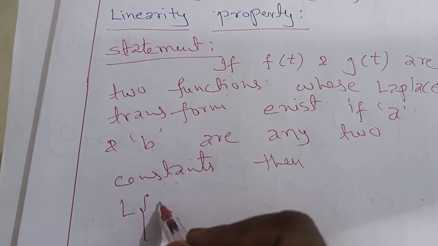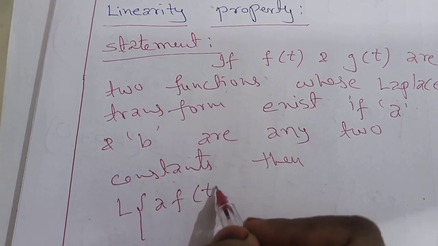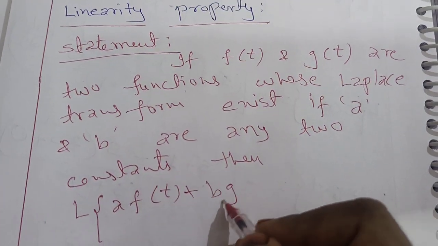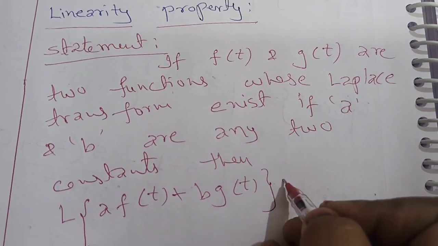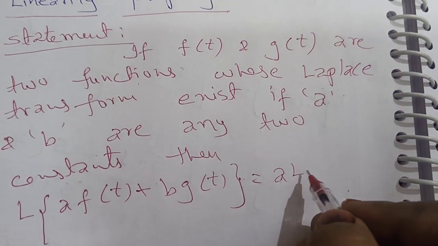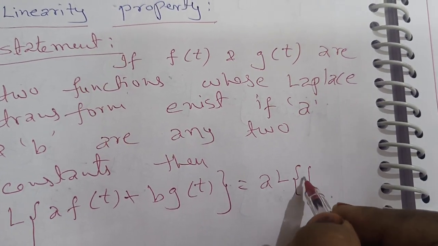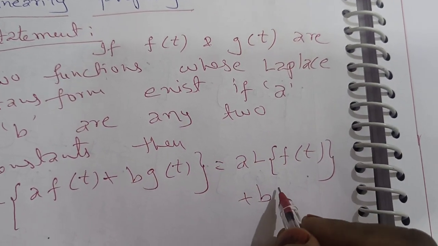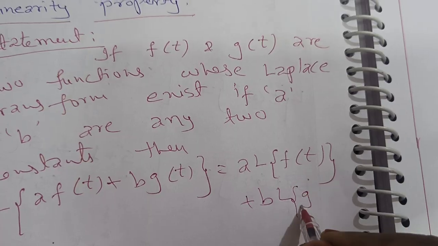L of a into f of t plus b into g of t is equal to a into L of f of t plus b into L of g of t.